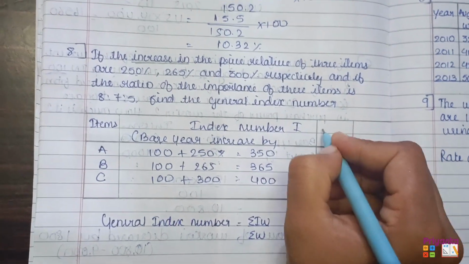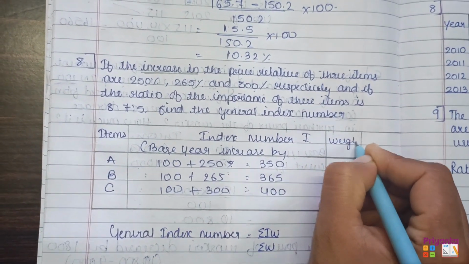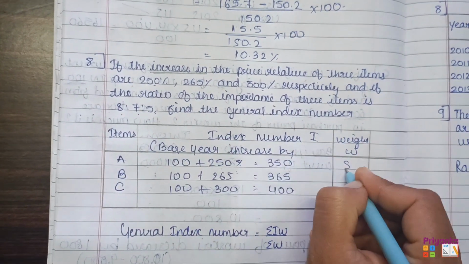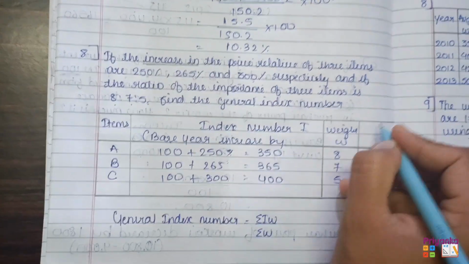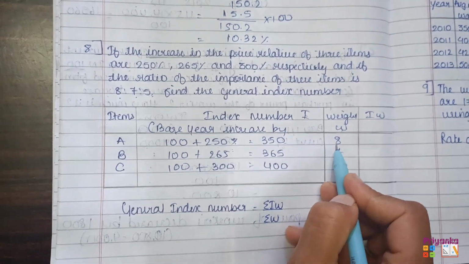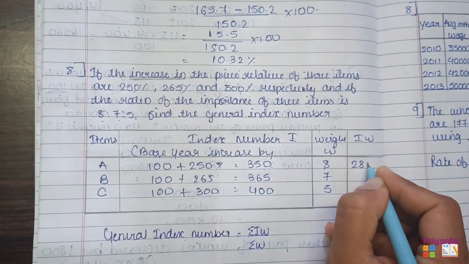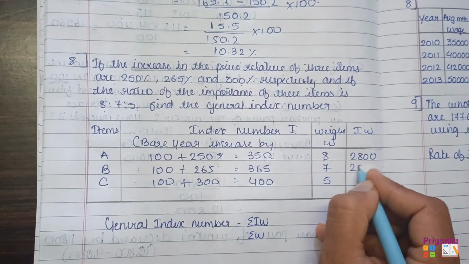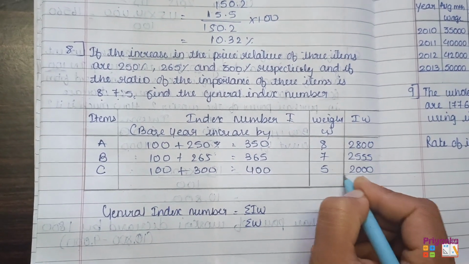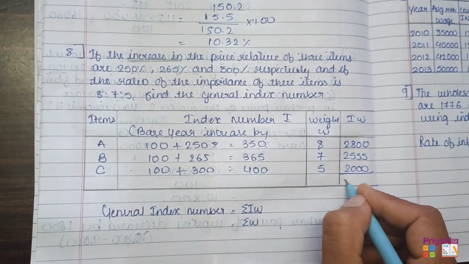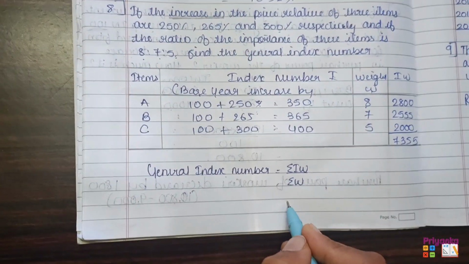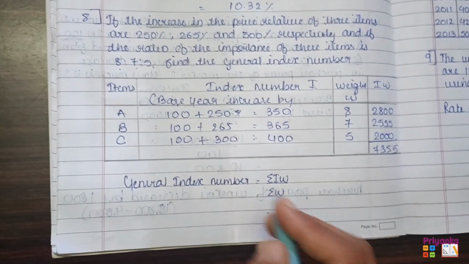The weights are given as 8:7:5, so 8, 7, 5, and multiply them. That is I multiplied by W: 350 into 8 is 2,800, 2,555, and 2,000, and the total of IW is 7,355. That's the formula for the general index number.